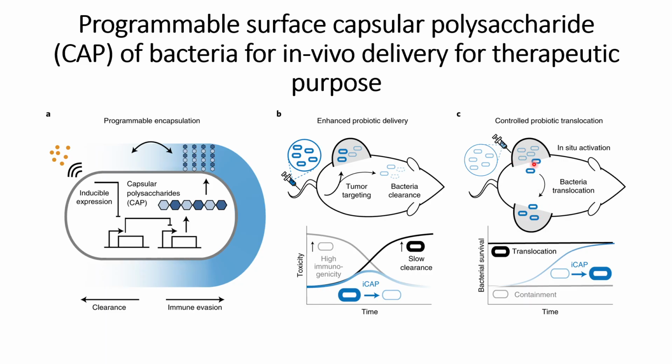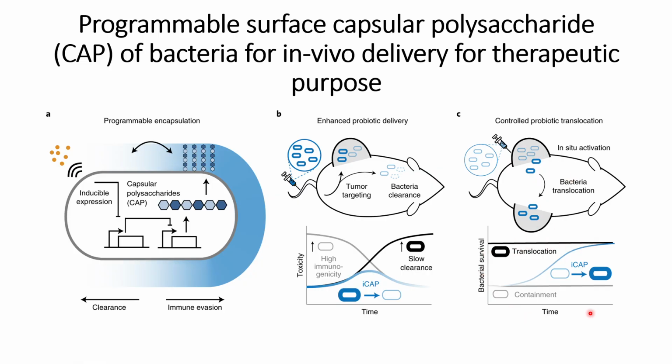So here we can see that with the high cap, bacteria are able to translocate to the tumor site, or their translocation is increased, whereas the bacteria with the thin cap are not able to translocate, and they will lead to the clearance.